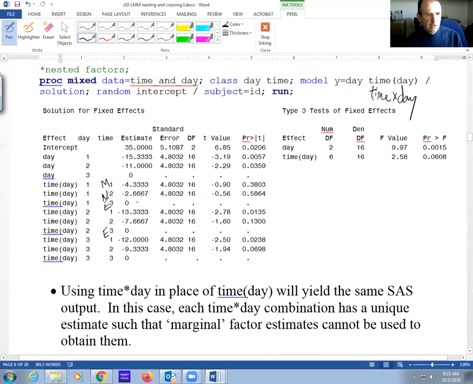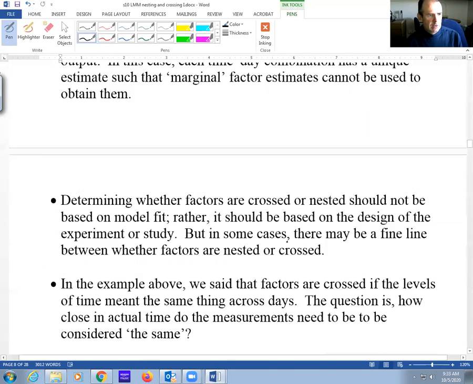Okay, so our effects are for day and time within day in that situation.